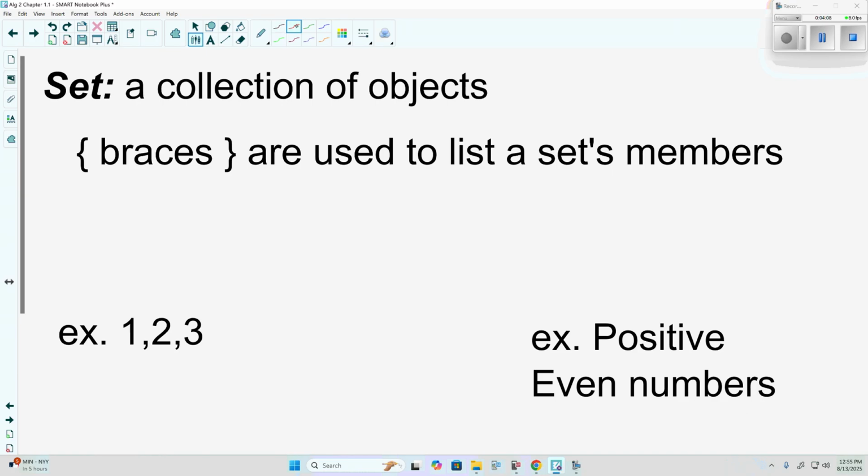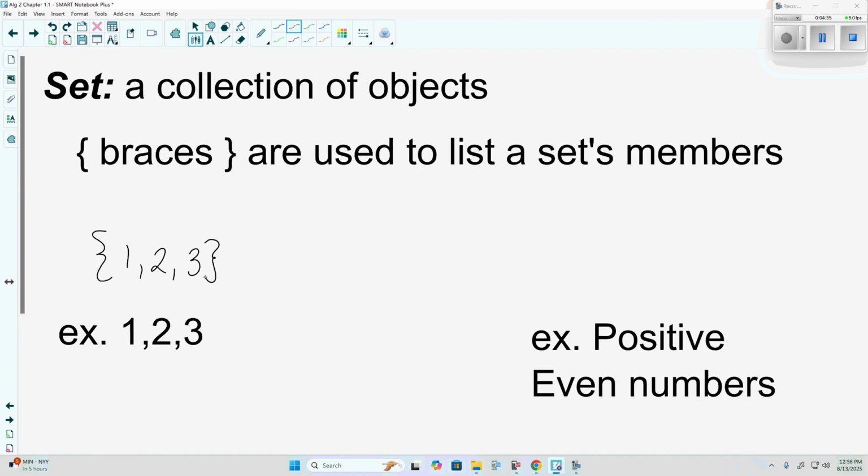If we're looking at this first example, 1, 2, 3, we would use a brace, 1, 2, 3, brace. That's it. We use 2 braces and list all the members of the set, because the members of this set are 1, 2, and 3.